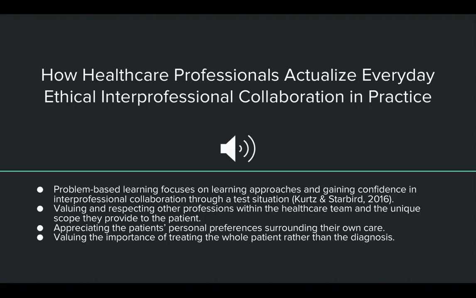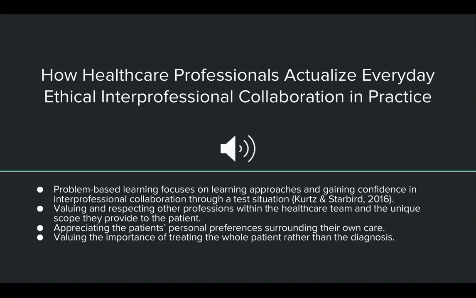This slide is going to be about how healthcare professionals ensure ethical interprofessional collaboration in practice as an everyday practice. So one of these things is going to be problem-based learning, focusing on learning approaches and gaining confidence in how to work interprofessionally through a test situation.